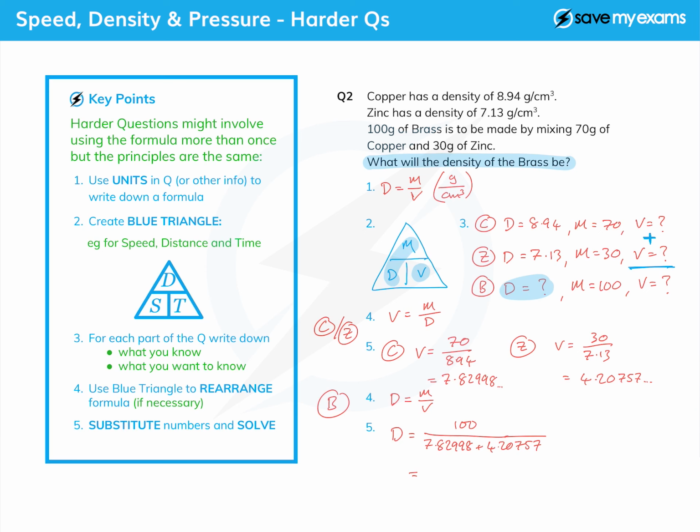And if I stick that into my calculator, I get a density of the brass of 8.31 grams per cubic centimetre. And I've given that to two decimal places because that's what was given in the question. And so that might well be appropriate. So I hope that's helped do these more difficult questions.